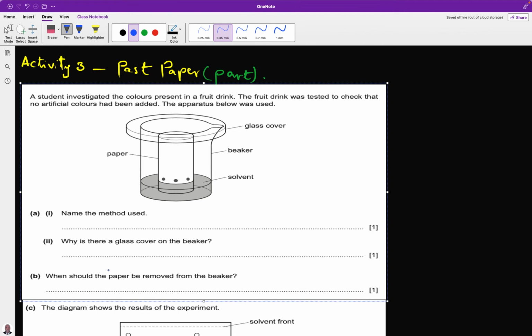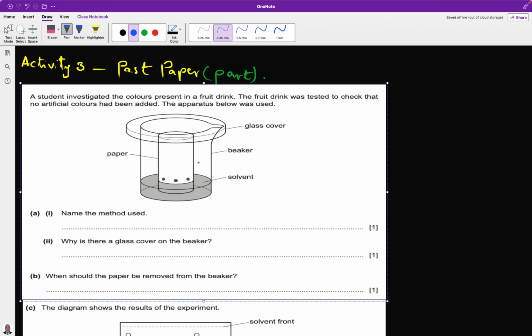The paper can be removed when no more color is observed traveling up the paper. If no color is traveling up, it means all the colors in the mixture have been dissolved and separated, so we can now remove the paper. Conclusively, it is removed when no more color is traveling up the paper.